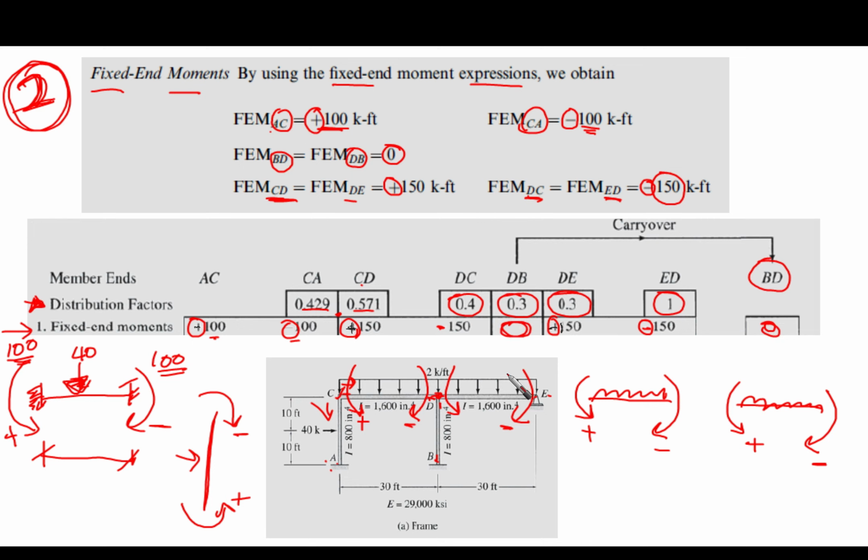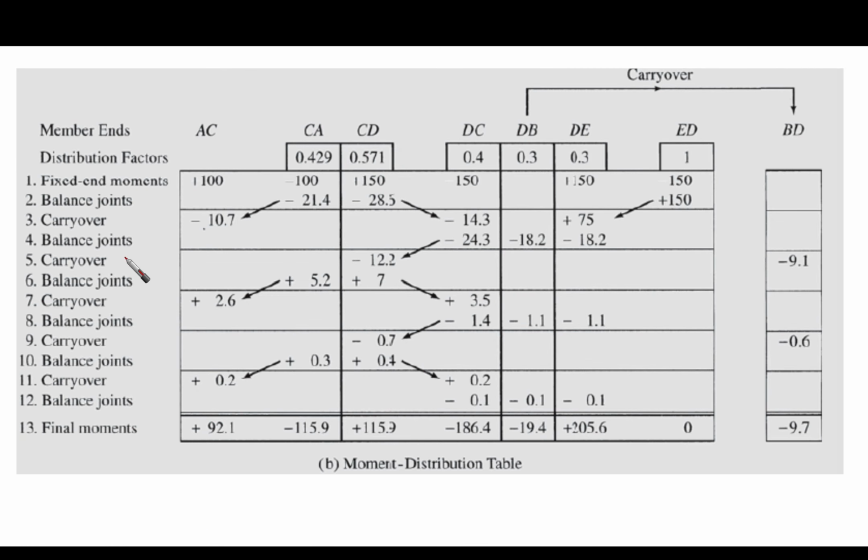Okay, now I think that we are clear with the distribution factors and the fixed end moments, which are considered to be the most important two steps in our analysis. Now let's go to the balance and carryover procedure. As you can see here, this is the table, and we have done it many times before.